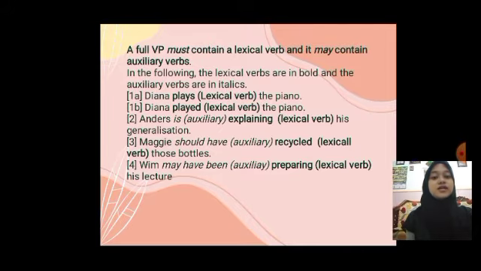Number 2, Andres is explaining his generalization. Is is auxiliary, explaining is a lexical verb. Number 3, Maggie should have recycled those bottles. Should have is auxiliary, recycled is a lexical verb. Number 4, Wim might have been preparing his lecture. Might have been is auxiliary, preparing is a lexical verb.